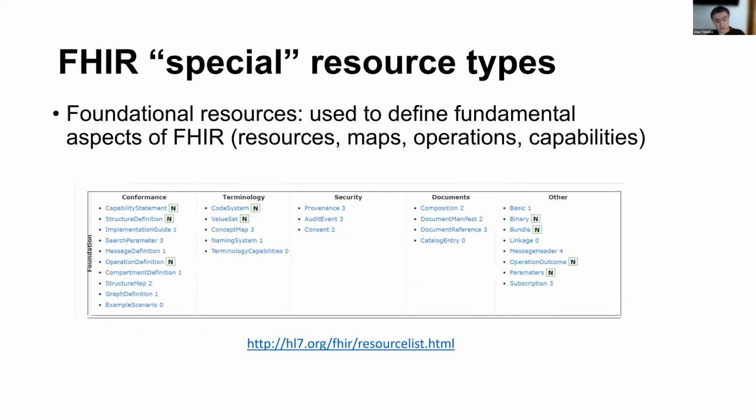So if I want to make a terminology constraint on the patient resource, I have to use something else. And typically that will be a value set and maybe a code system. And those are also FHIR resources. And if I want to put all of that together in an implementation guide, well, implementation guide is a FHIR resource. And if I want to do some mapping there, then I can use a structure map, which is also a FHIR resource.